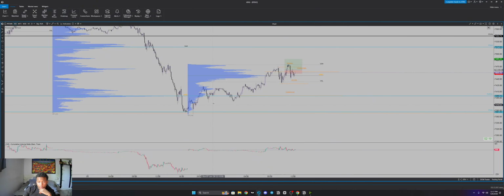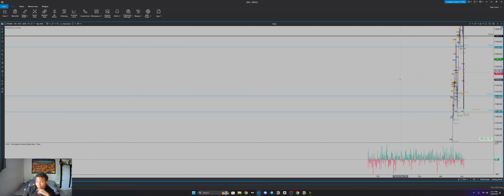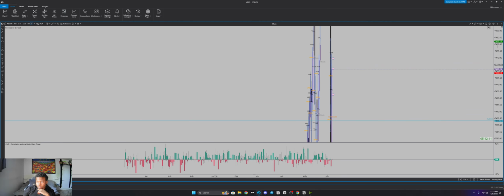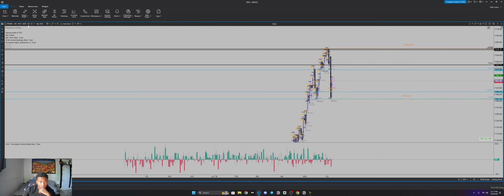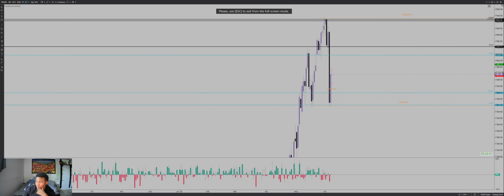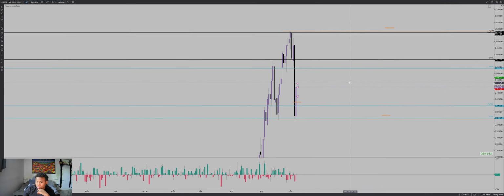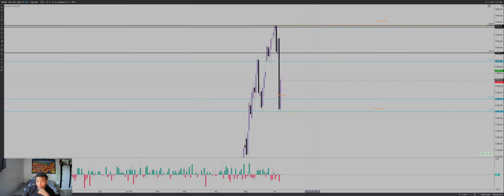So price opened inside volume, and the daily is overall bullish, although price broke the recent higher low, which is suggesting a loss of momentum.